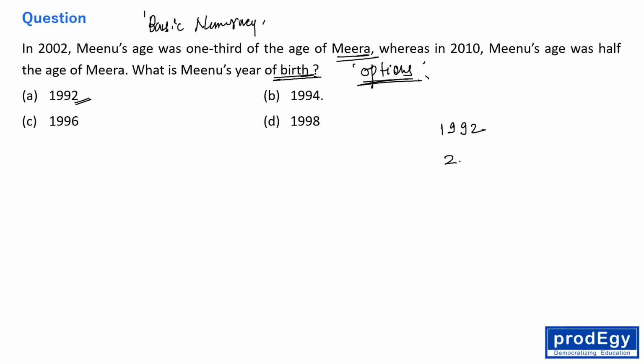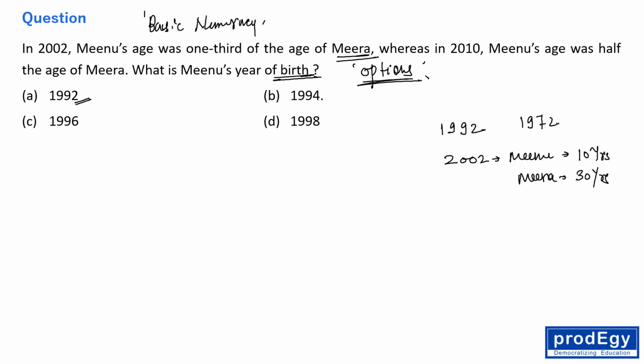So in 2002, Minu is 10 years, so Mira will be 30 years because Minu is 1/3. If Mira is 30 years, Mira's year of birth will be 1972.